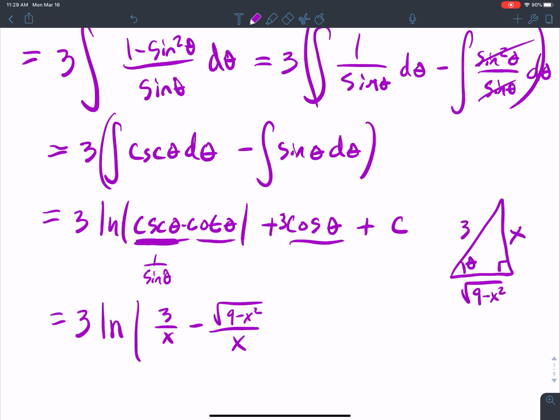Close absolute value. Plus 3. Now cosine is square root 9 minus x squared over 3, and then plus c.